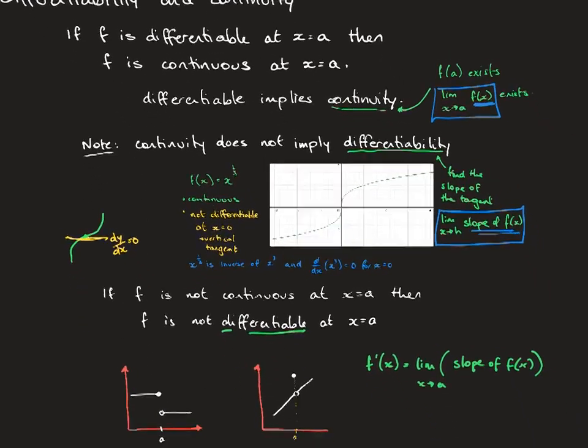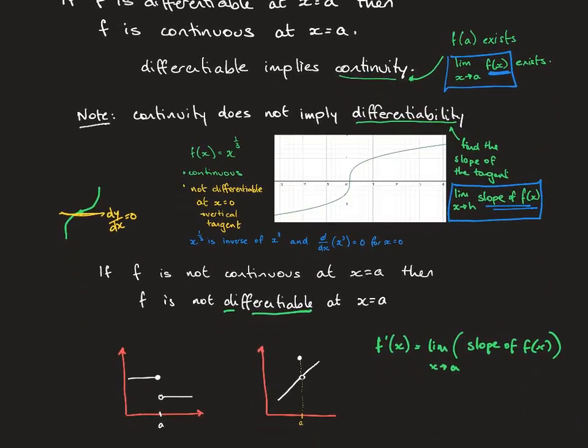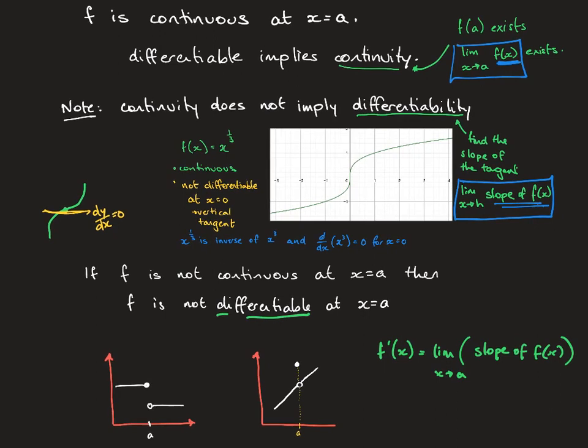So let's have a look at some discontinuities. These are particular functions that we've got here. These are f of x. And remember, if we're looking to see if a function is differentiable at a point, so let's look at this point here, x equals a, what we're looking at is the slope of the function, so the slope of that white line.